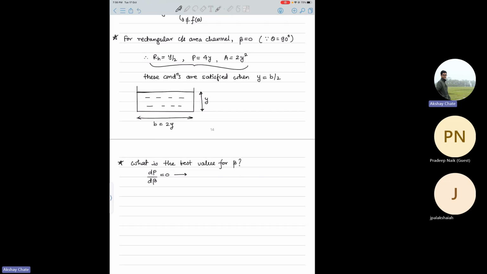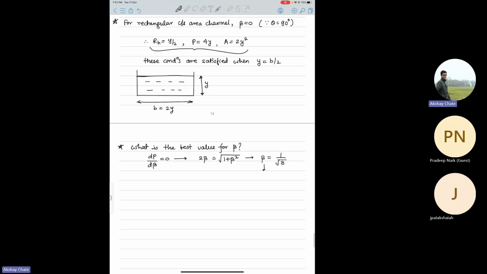Here, area and y will be constant because only beta we are changing. So you get some condition like this, and if you solve this further, you get beta as 1 by root 3. And this is nothing but cot theta, right? So cot theta is 1 by root 3 for theta of 60 degrees. This is also one important question asked in many competitive exams.